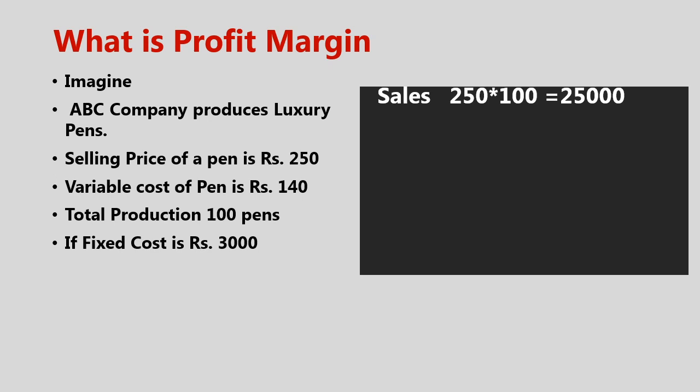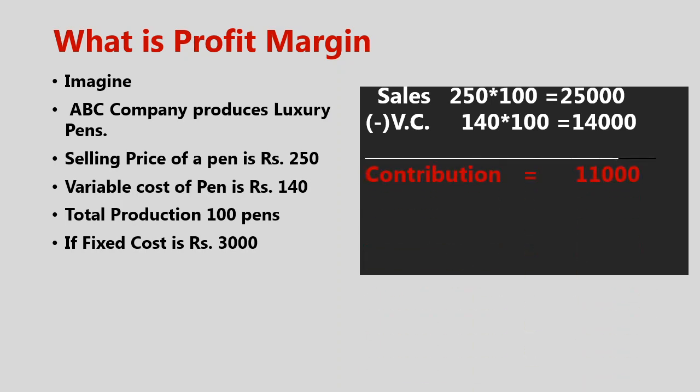Take the amount of sales, which is 25,000. Variable cost 14,000. So we get contribution, which is amounting to rupees 11,000. After that, we need to calculate profit margin, that is a net profit. Students, contribution is nothing but gross margin.